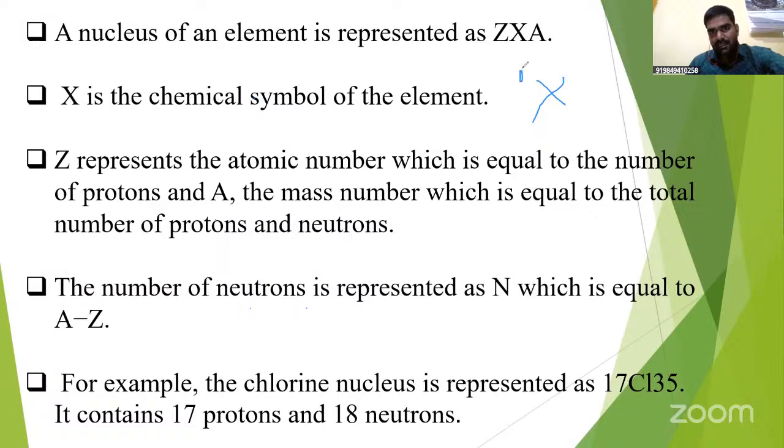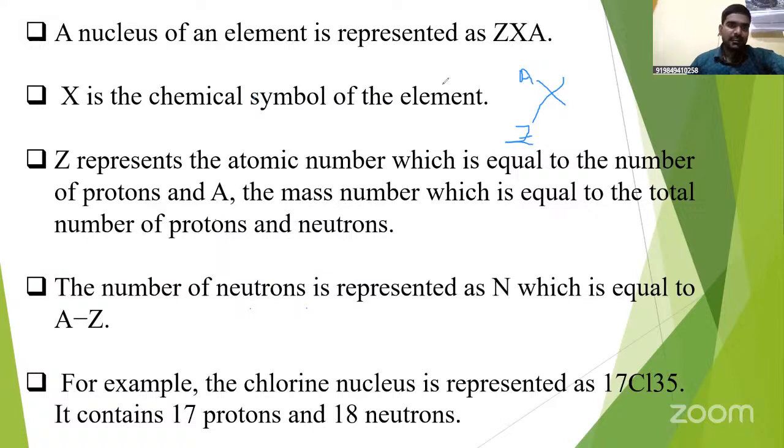A is given here, that is the mass number, the number of protons and neutrons. Z is given here. So here X is the element, A is the mass number, and Z is the atomic number. Atomic number means the number of protons. Mass number means capital A is nothing but protons plus neutrons.